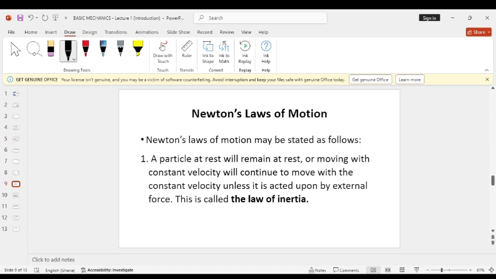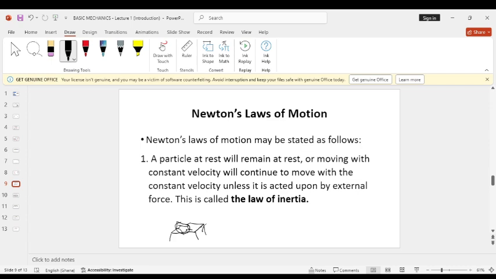Okay, a typical example. Let's assume that I have this particular football here. Let's say I have a football on the table, right? So what it means is that this particular ball will continue to remain on the table if no one touches it, or if nothing causes it to move at all.